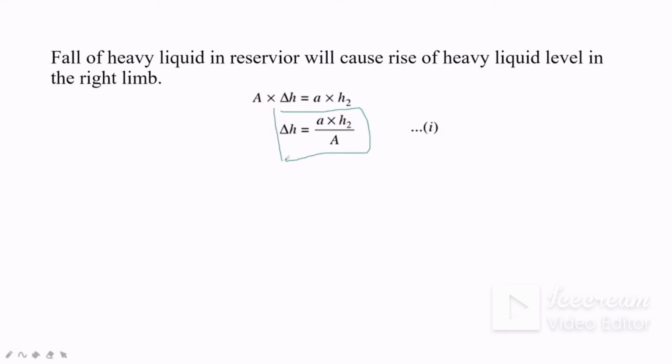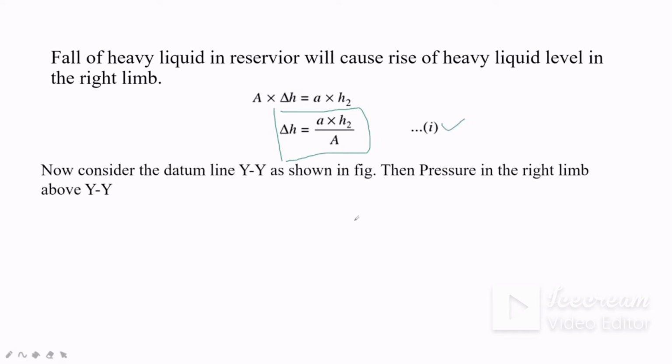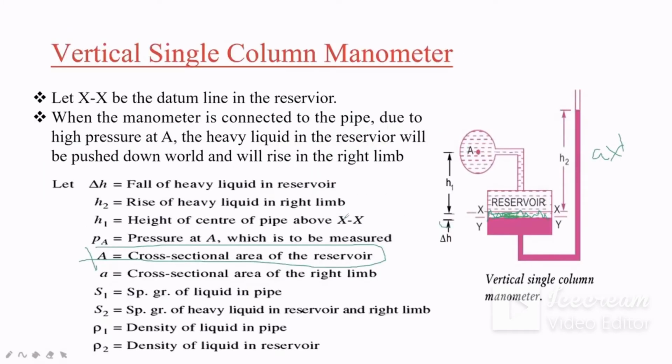So till now nothing else is done; we just considered the equilibrium at that limb with the help of the datum line. Next, consider the datum line YY as shown in the figure. Then the pressure in the right limb above YY. What is YY? Go to the previous slide.